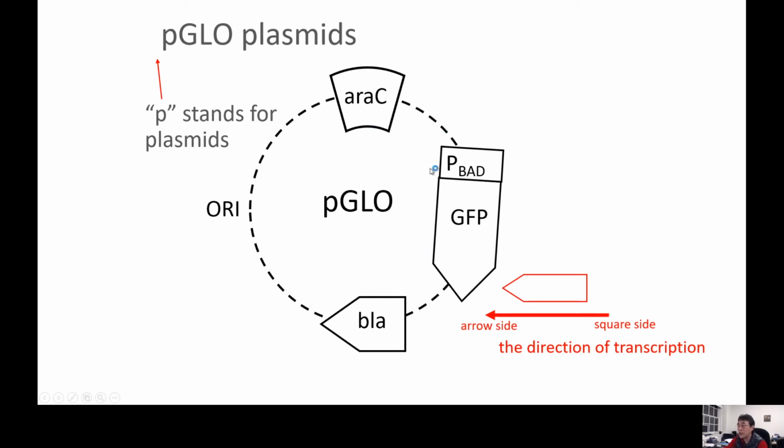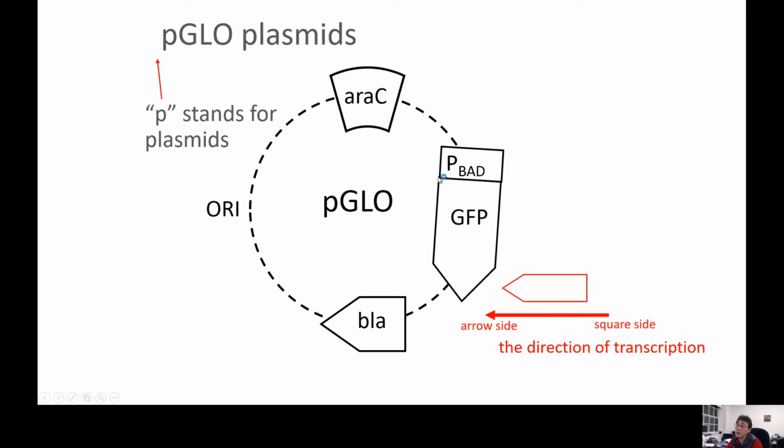It's a circular DNA, so you have to have a place where the replication starts, and that's the ORI part, but we don't worry about that. We have the RC region, PBAD region, GFP region, and BLA region. Anyways, for the pictorial representation, there's a square side and an arrow side. This pointy side, so square side to pointy side, is how the expression takes place. So keep that in mind.